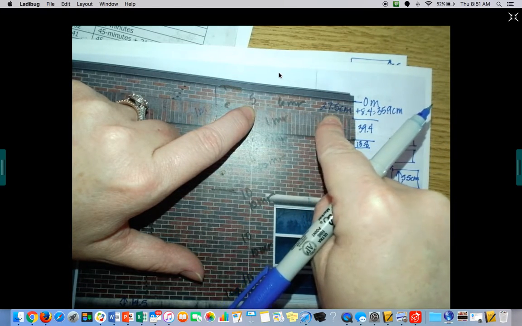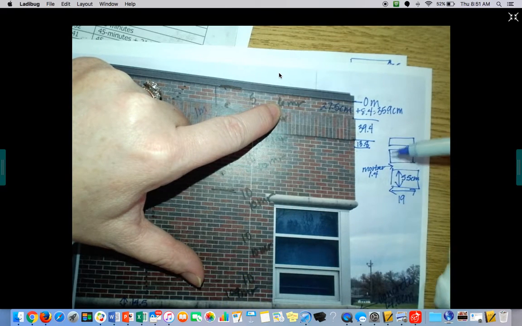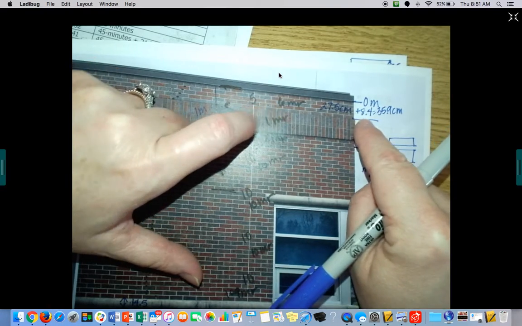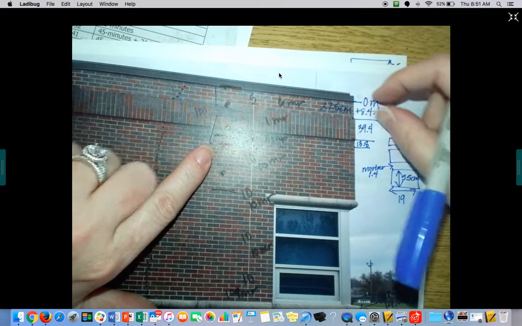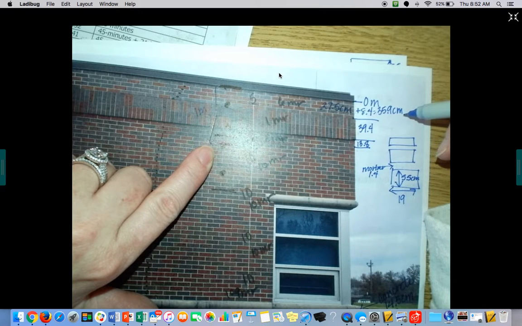Okay, from there I figured how tall 6 rows of mortar would be. 6 rows of mortar at 1.4 centimeters each gave me 8.4. So this chunk right here was 35.9 centimeters thick.